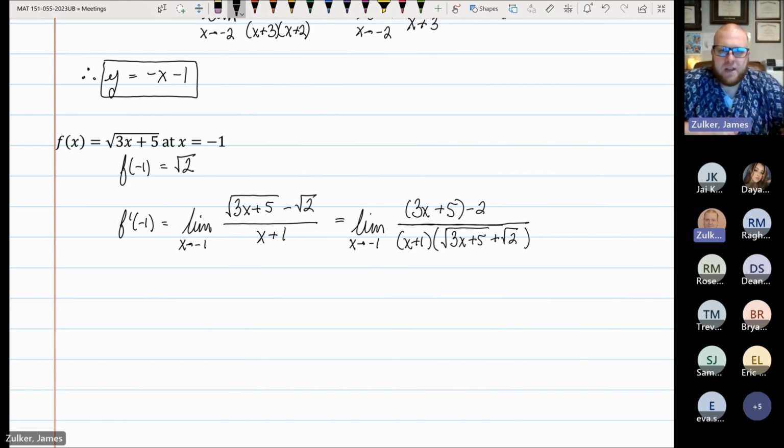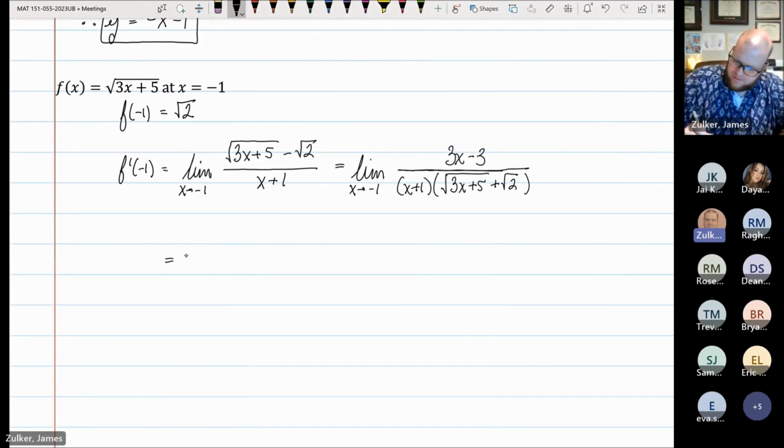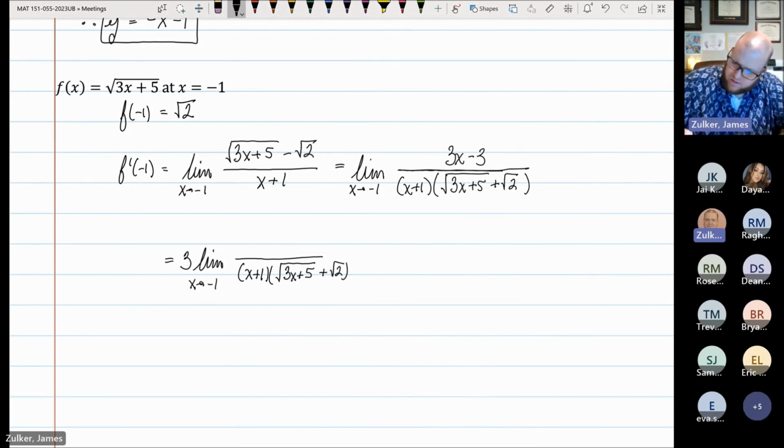And just so I don't have to write the denominator more than I have to, this is going to become (3x minus 3), right? Factor out the 3. Uh-oh.